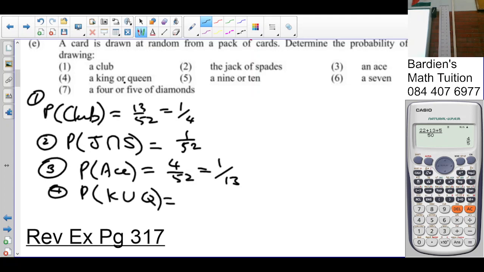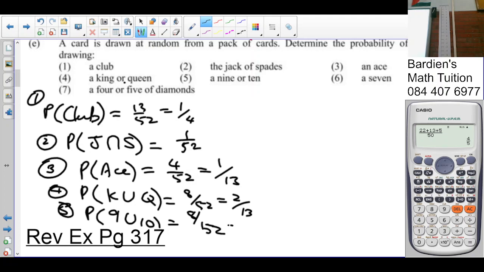So how many kings or queens are there? 8 out of 52, which is 2 out of 13. Number 5. A 9 or 10. How many 9s or 10s are there? 9 union 10 is 8 out of 52, which is 2 out of 13.